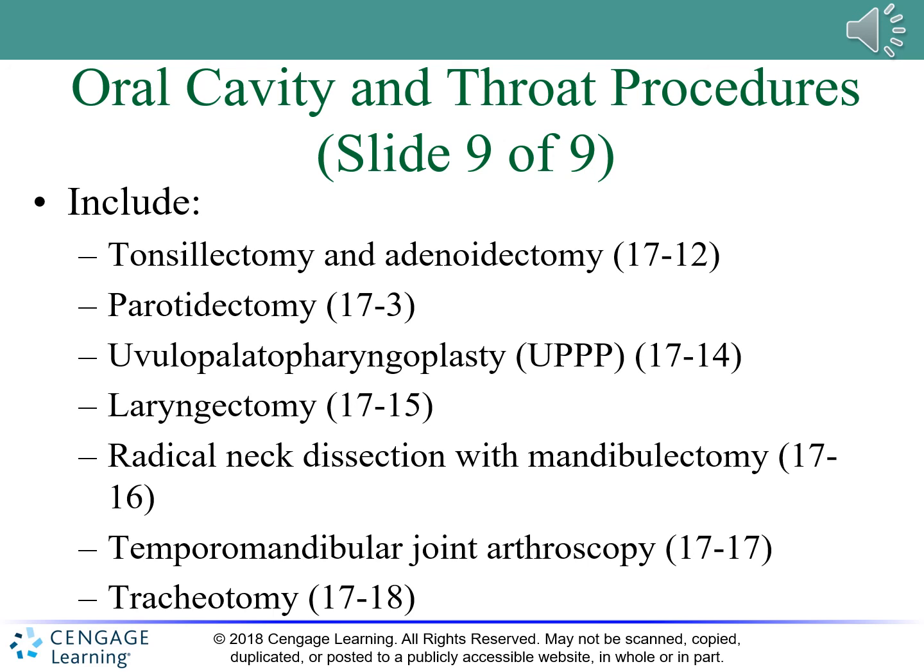The TMJ contains the condylar process of the mandible and two parts of the temporal bone, the mandibular fossa and the articular tubercle. TMJ arthroscopy is usually performed for diagnostic purposes to confirm temporomandibular disorder, or TMD, exists.